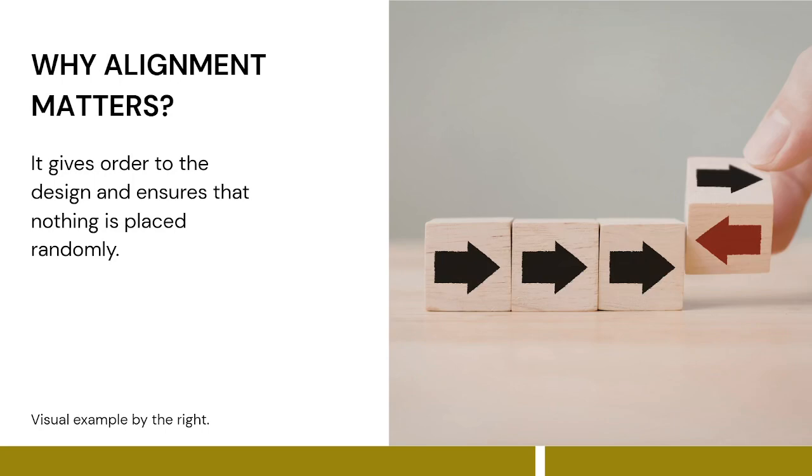I don't put the text, the address that is supposed to be below, as the first element in the design. And there's a visual example on the right. We can see these arrows pointing to the right. It guides our eye towards what this person in this image wants us to see.